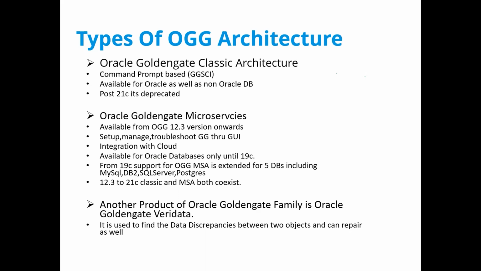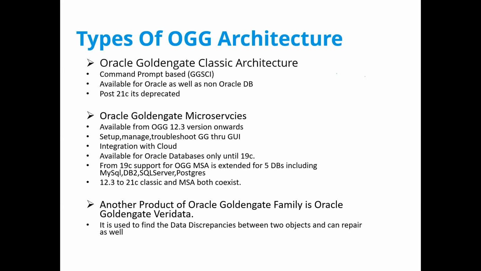So one of the features of Golden Gate microservices is the GUI. It allows for better integration with cloud applications. Oracle Golden Gate microservices is a new REST API based architecture, one of whose features is the GUI.